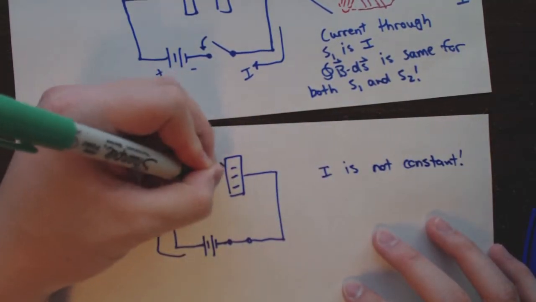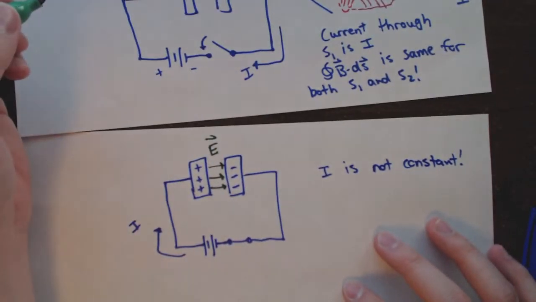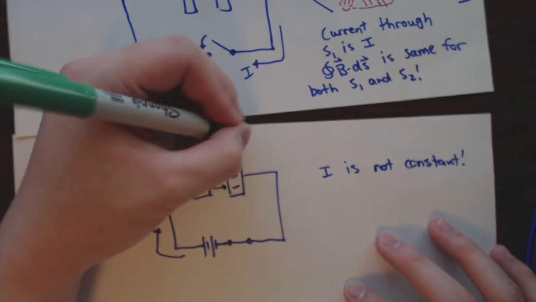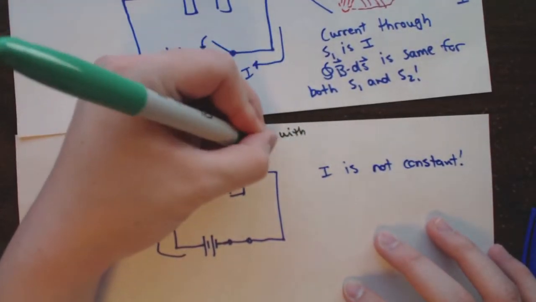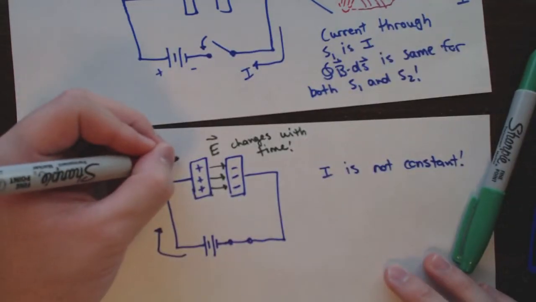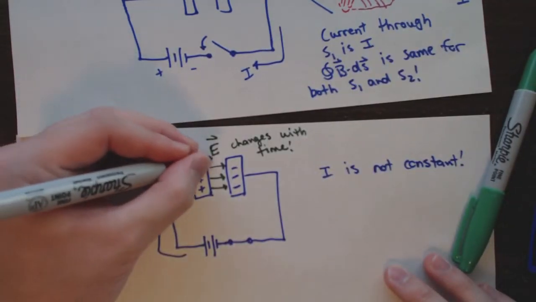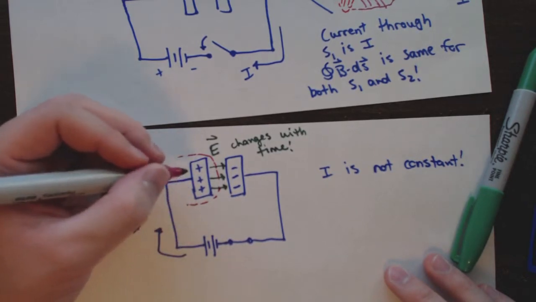So immediately, right in the beginning, that's not necessarily when you have your strongest field. You have the most current, but not your strongest field. You get the strongest field when it builds up the most charge. So even though you have the most current in the beginning, you actually have zero charge in the beginning, and therefore you get the most rate of change of charge buildup at the beginning.